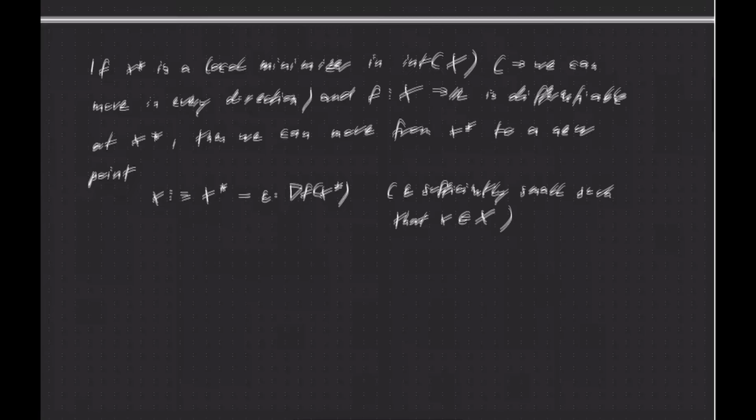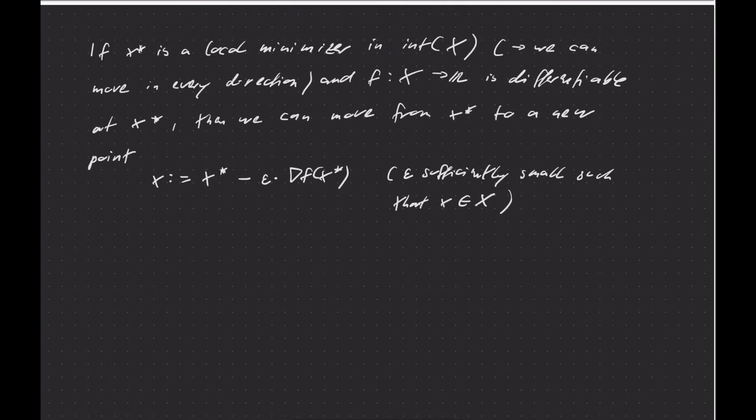Okay, so we move to that new point. We move a little in the direction of the negative gradient. What happens to the function value? We know that f is differentiable. So we know that we can approximate f by a linear function.